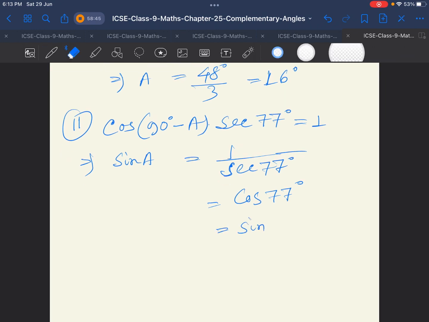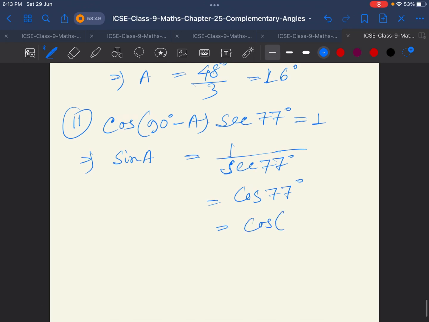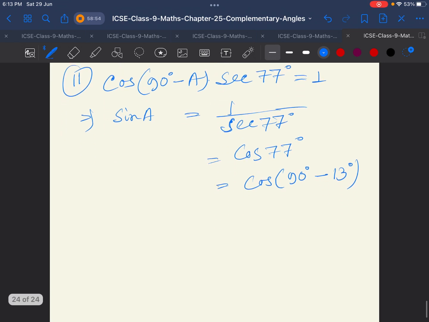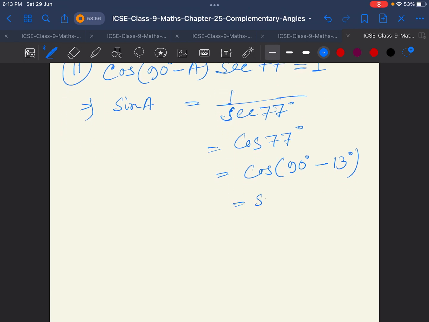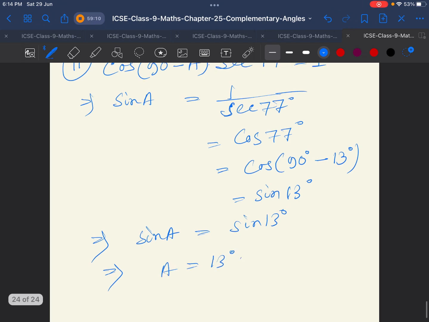Cos of 77 is cos of 90 minus 13, so we can write sine of 13 degree. So sine A equals sine of 13 degree, which implies A equals 13 degree.